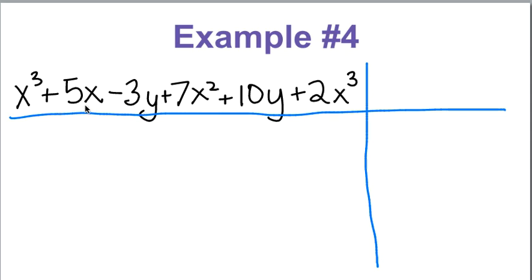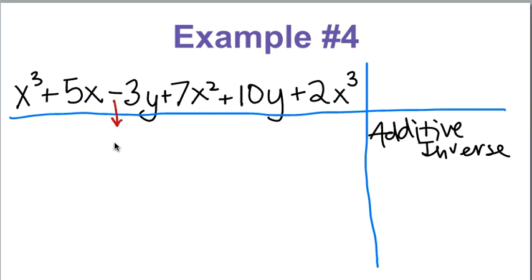So step 1 is additive inverse. So this is where we're looking for any subtraction. Addition is okay. There's my subtraction, becomes addition. 3y becomes negative 3y.